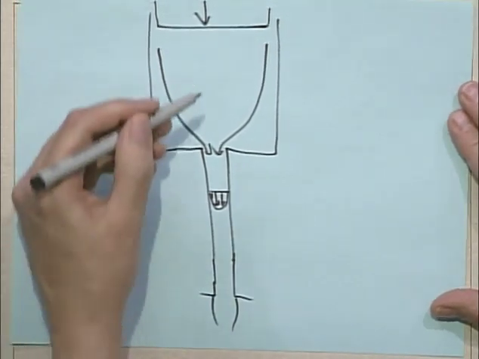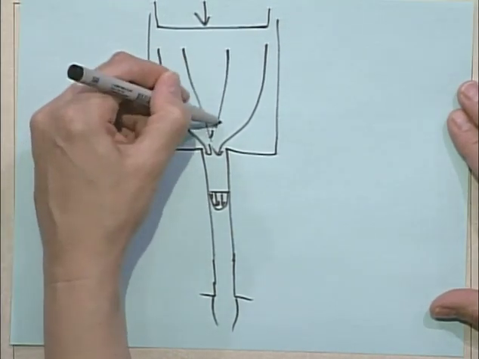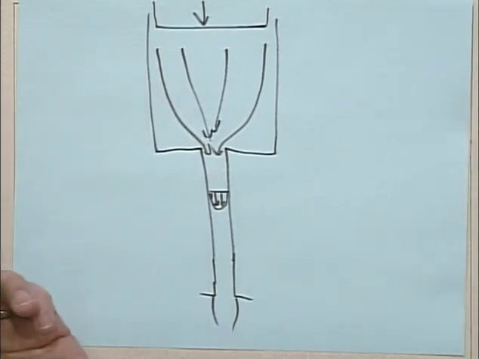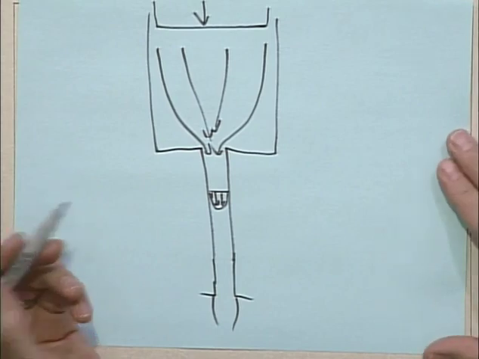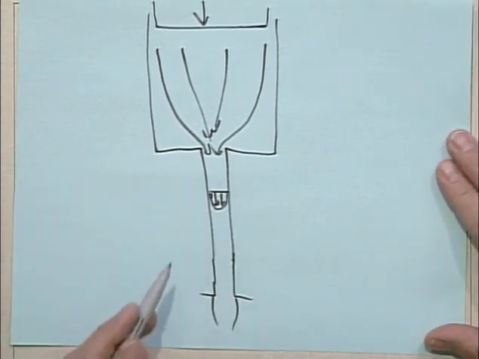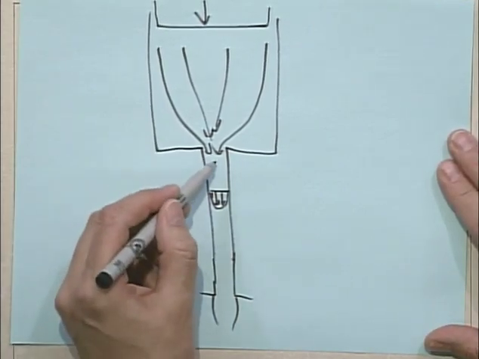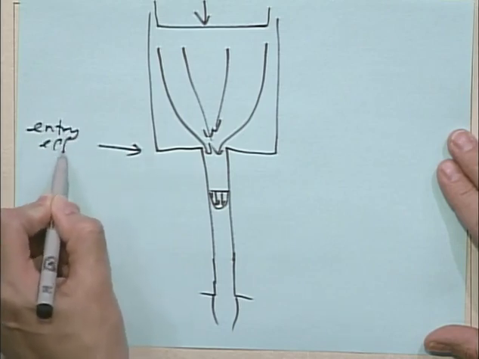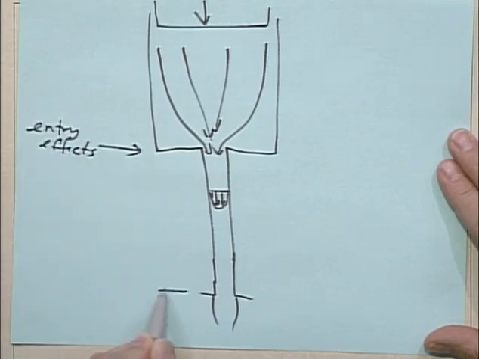So it's a very practical idea to do this capillary flow, but it introduces changes to our analysis from what we started off with. We said don't worry about the ends, and now we definitely have some interesting things happening at the ends. There are entry effects. There are exit effects.